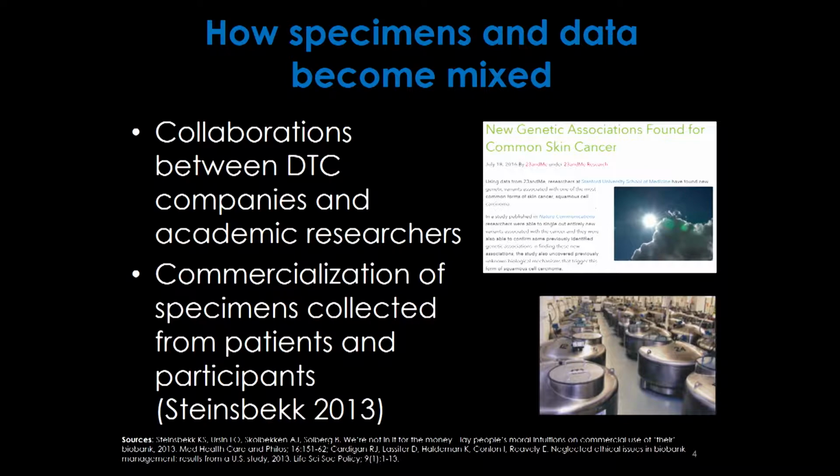Academic institutions also commercialize their data, so they're going both ways. And so these data and specimens are getting all mixed in, no matter how people consented to them. However, the rules governing them are completely different. So it's almost like signing a contract that changes after you've already contributed your data.